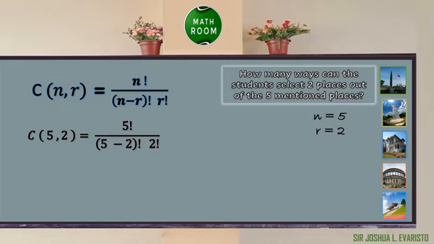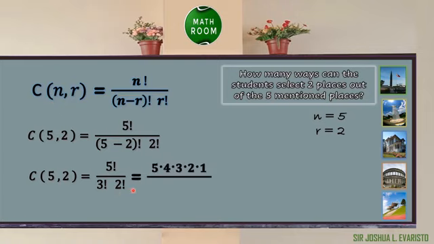We can now evaluate our equation by computing first the operation inside the parentheses. 5 minus 2 is equal to 3. So we have 5 factorial over 3 factorial times 2 factorial. Expand both the numerator and denominator. So we have 5 times 4 times 3 times 2 times 1 for 5 factorial, 3 times 2 times 1 for 3 factorial, and 2 times 1 for 2 factorial. We can now cancel 3 both on the numerator and denominator, and cancel 2 on the numerator and another 2 on the denominator.